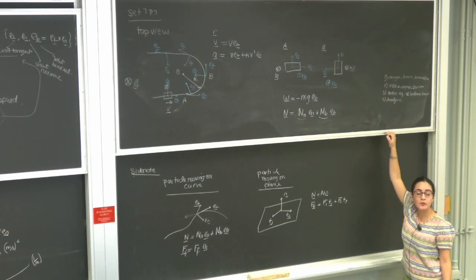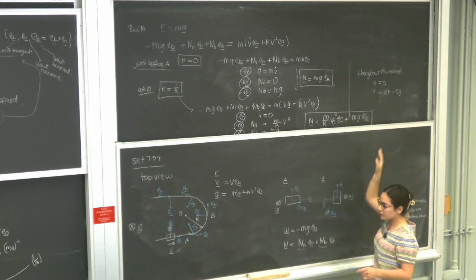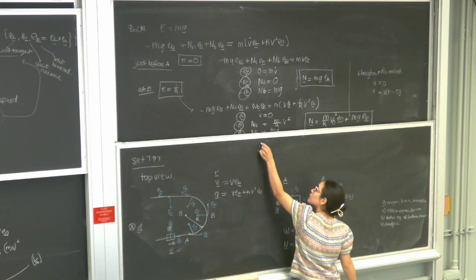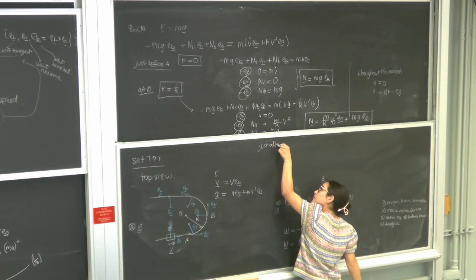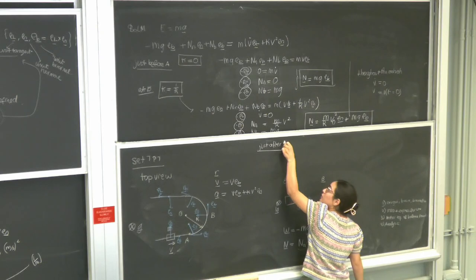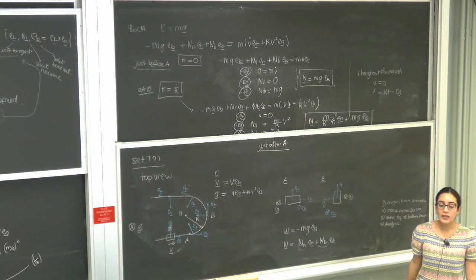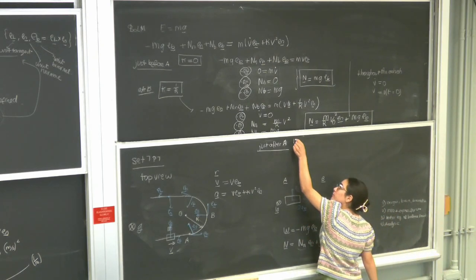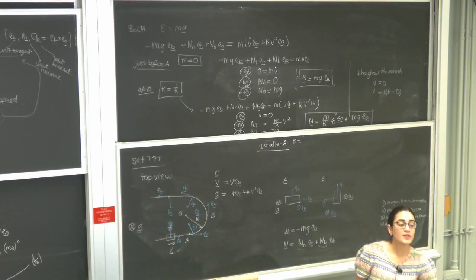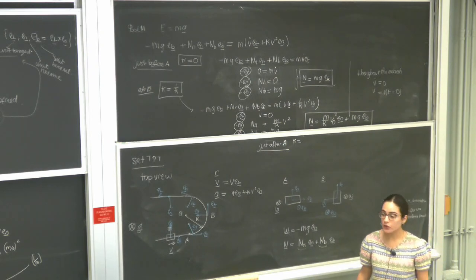I want to look at the normal force at one more location. Look at the normal force just after A. So what is the radius of curvature just after A? What is the curvature of the path? 1 over r, right? Because we're on the circle.